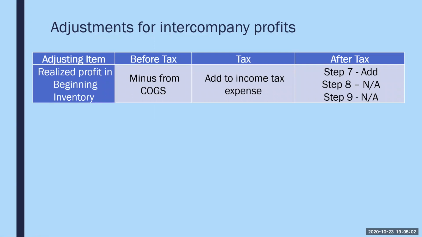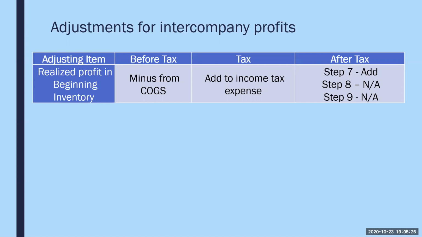Now, if there was ending inventory from the previous year, the profit in that ending inventory would have been considered unrealized. That ending inventory became the beginning inventory for the current year. Now, what happens is inventory gets sold, or if it was not sold for whatever reason, it gets thrown out.